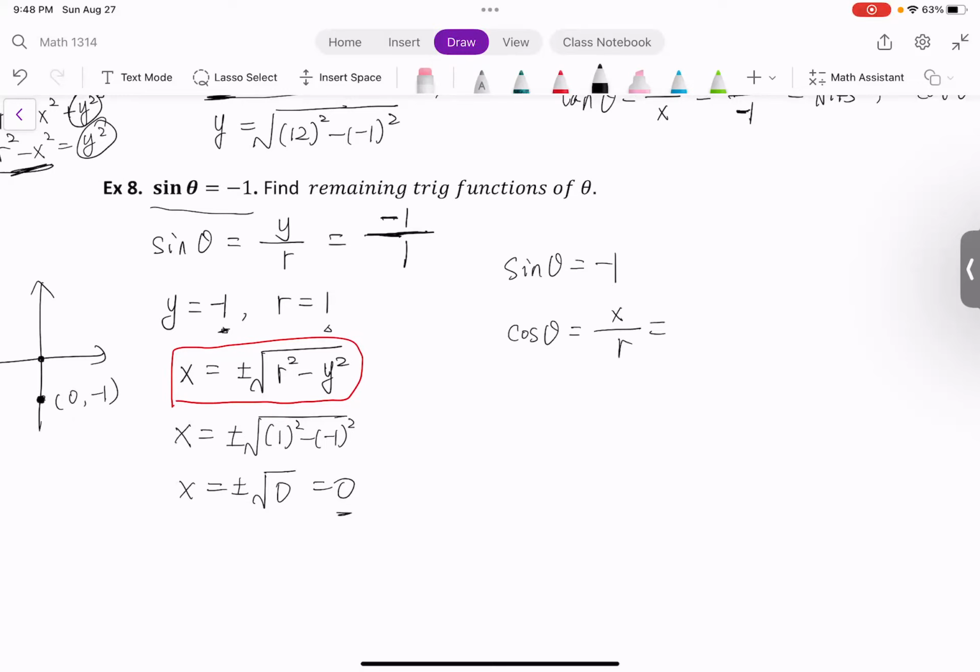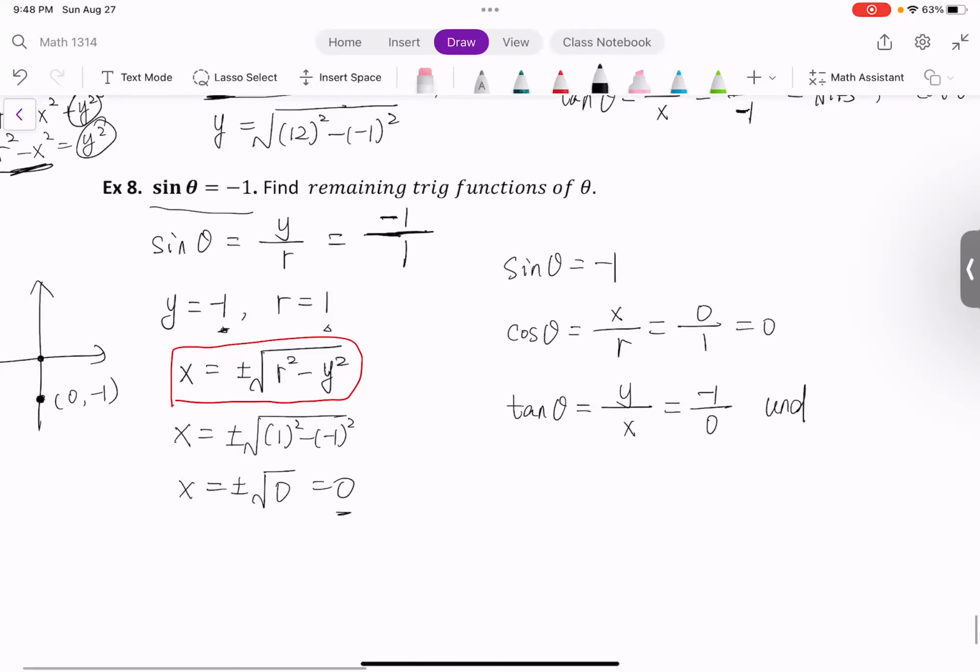X is 0, r is 1. It is 0. How about tangent? Tangent equals y over x. Y is negative 1, and what is x? Oh, x is 0. That means undefined, because the bottom cannot be 0.